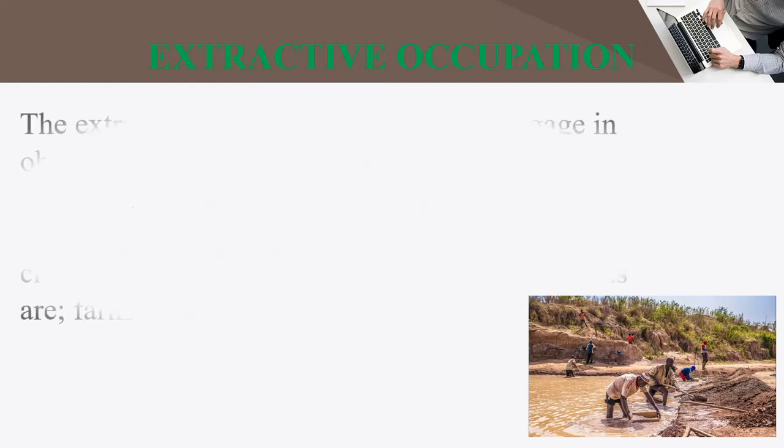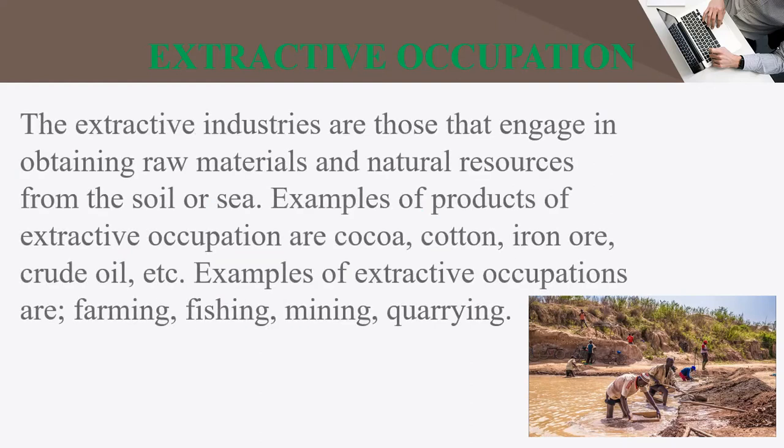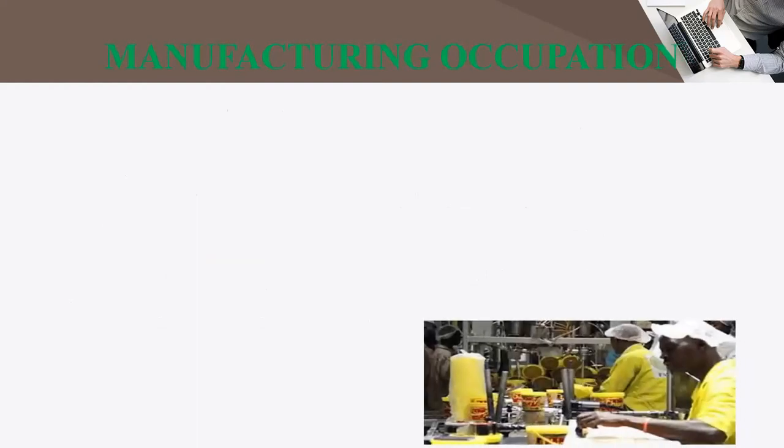So extraction has to do with those set of people. Then manufacturing occupation now. You can see a picture of some people who are trying to use some raw materials they got in. They are trying to transform them into finished or semi-finished goods.